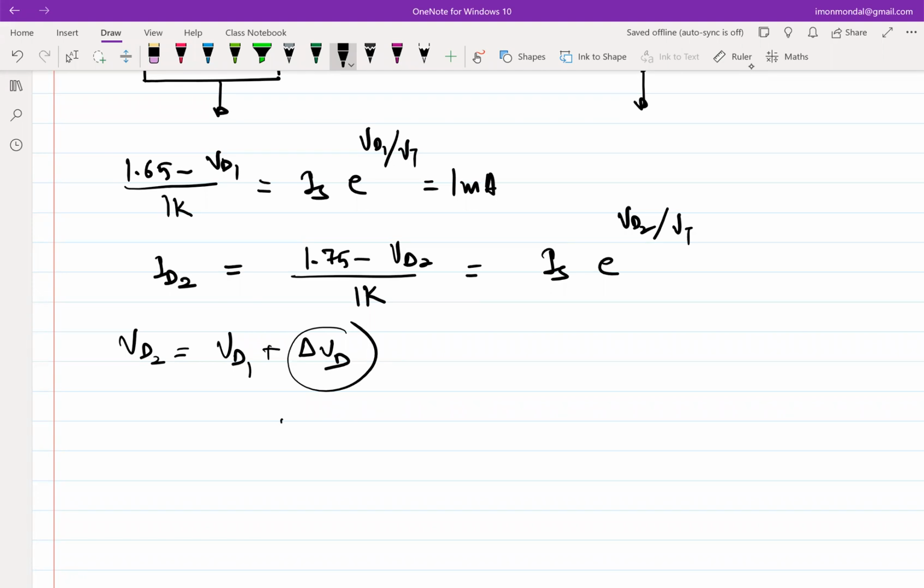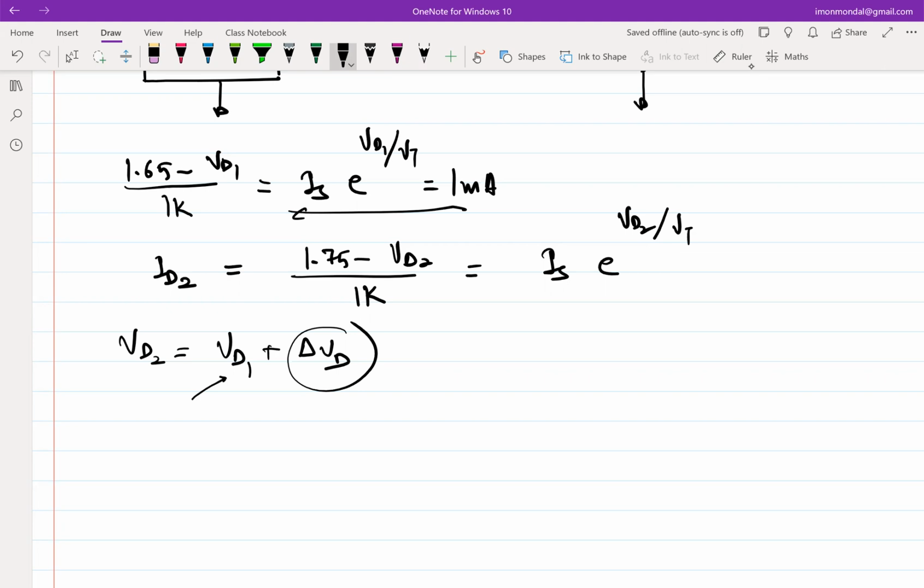So what I'll get is delta VD by 1K is equal to, so I know that IS is 1 milliamp times e power minus VD1 by VT. So I'll replace that. No, sorry, I made a mistake here. VD1 is 0.65 volts.